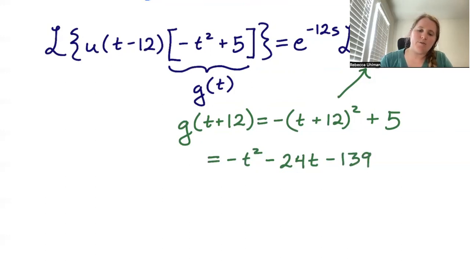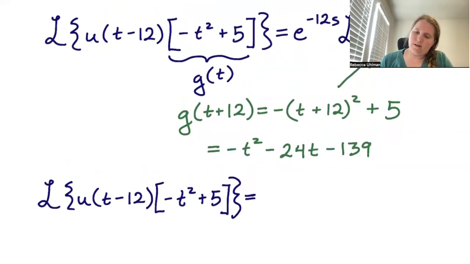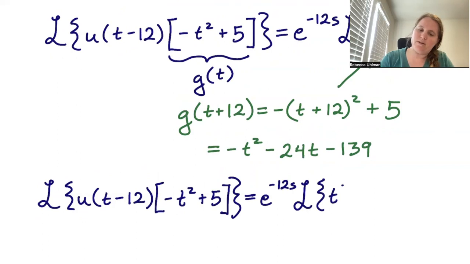So this is our g of t plus 12. So the Laplace transform of u of t minus 12 times negative t squared plus 5 is equal to e to the negative 12s times the Laplace transform of negative t squared minus 24t minus 139.